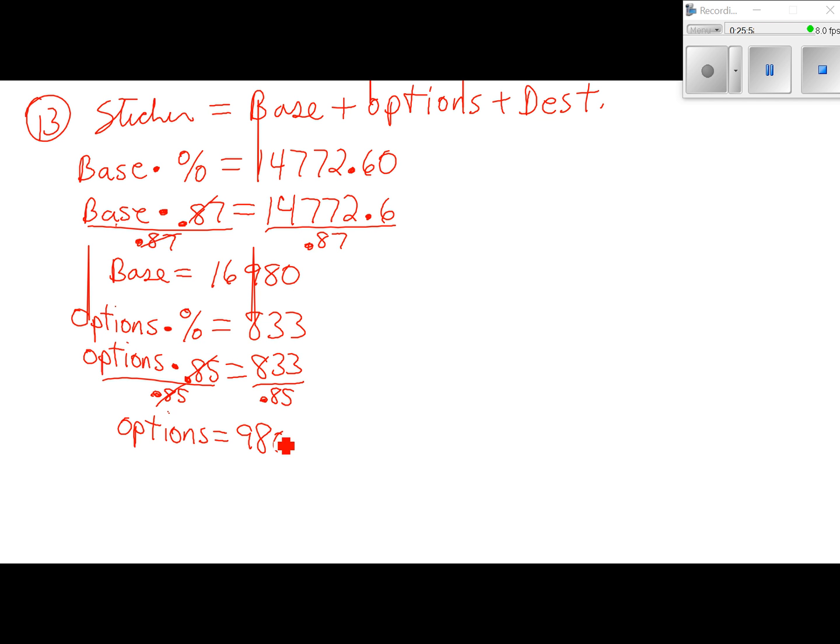Now we want to find the sticker price. Well, to find the sticker price, we need the base price, which is right here, $16,980.